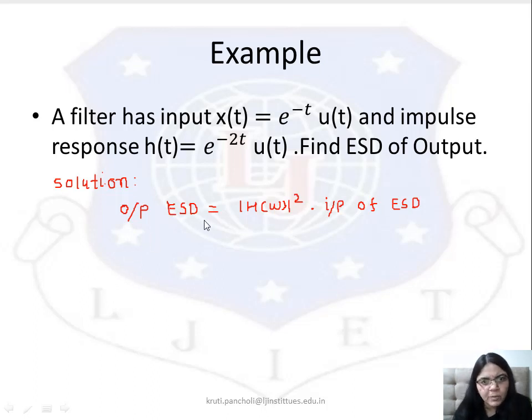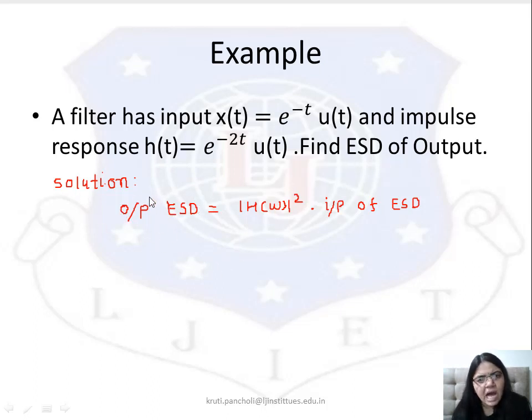An LTI system having the input x(t), output y(t), and impulse response h(t). So y(t) is equal to x(t) convolved with h(t). Over here we need to find the ESD.